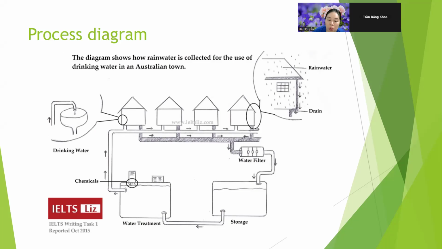Number two, for process writing, the language. You need to use the present simple passive voice, câu bị động ở thì hiện tại đơn. Why? Because for a process diagram, we don't know who the person is or who's doing the action.